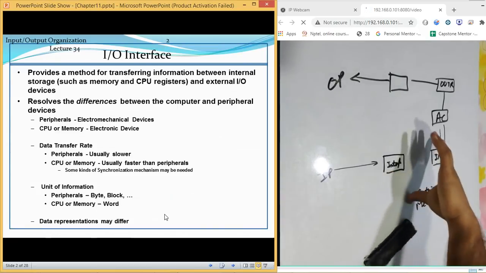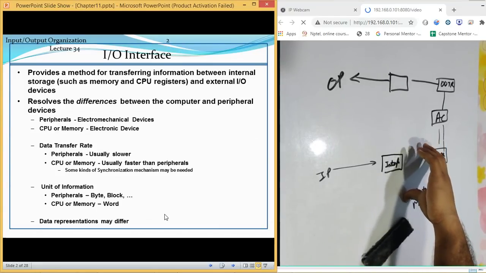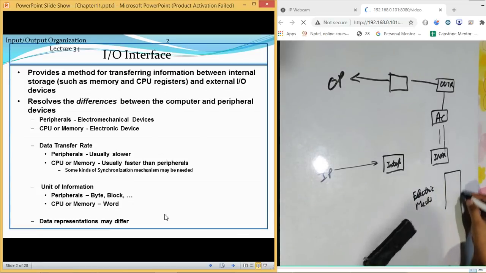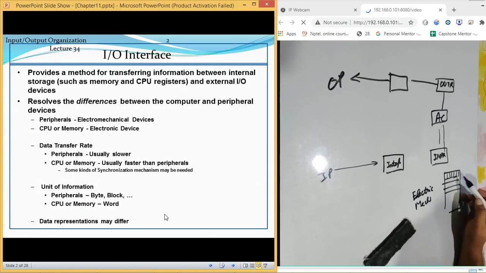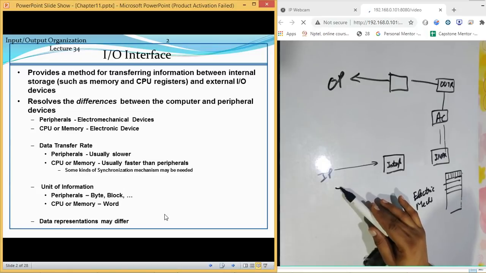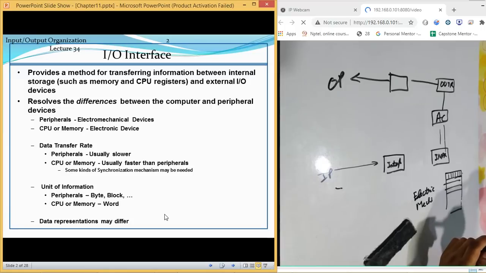Whereas in the case of CPU, the units of information which flow are in the form of words. If you are aware of what a word is, I think you should remember this. There is a memory, and inside memory there are 15 bits or 16 bits. So then this is a word. Okay. So data representation means we represent the data in input output devices as a separate representation, whereas in your CPU the representation is different.